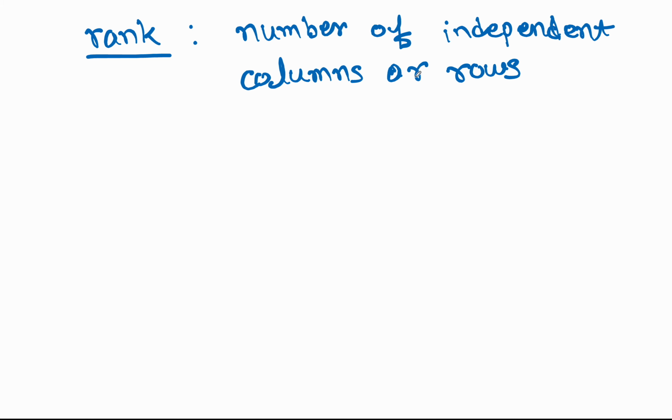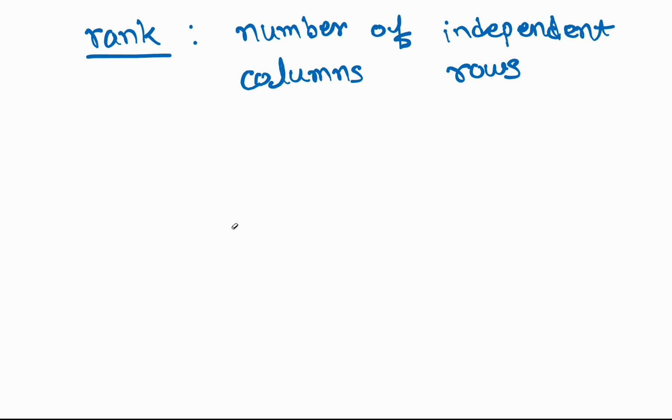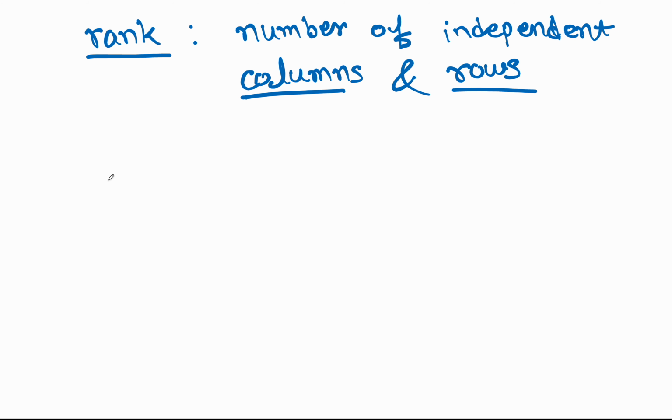Actually both will be the same, so I will write independent rows and columns. So that is the rank. You can see it doesn't matter whether we are talking about the column space or row space, the rank will be the same. And we'll see the column space with an example.